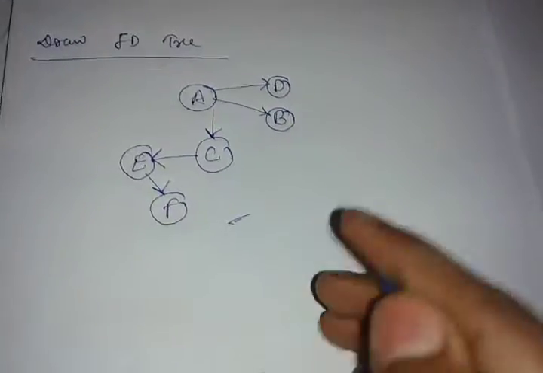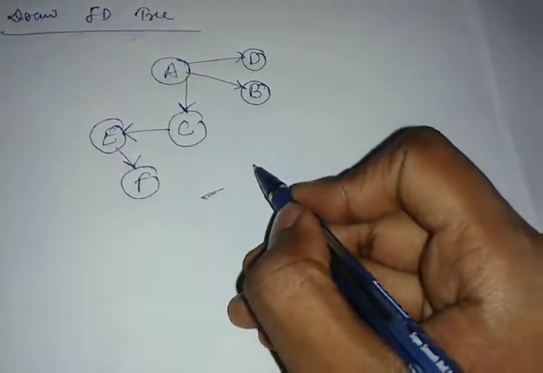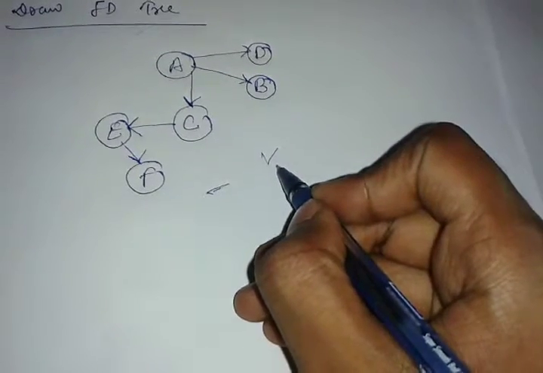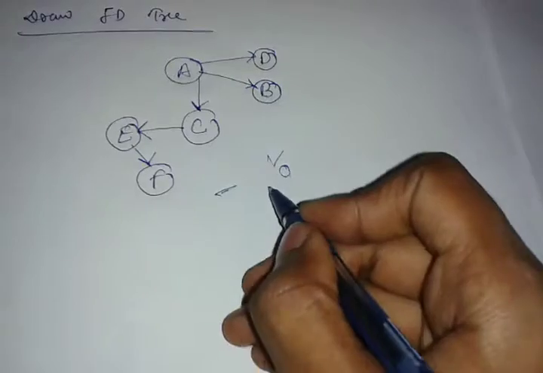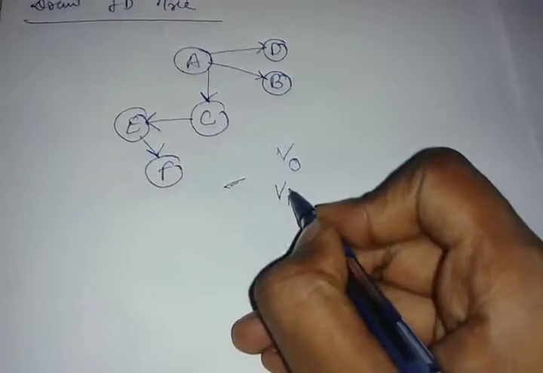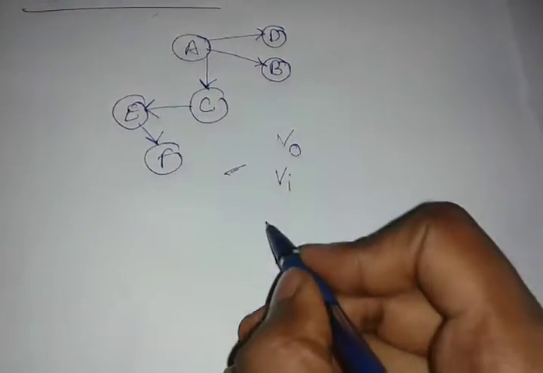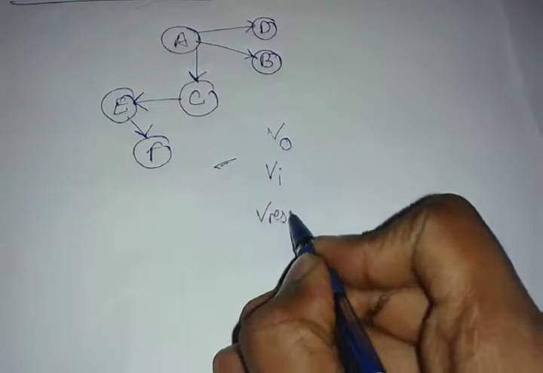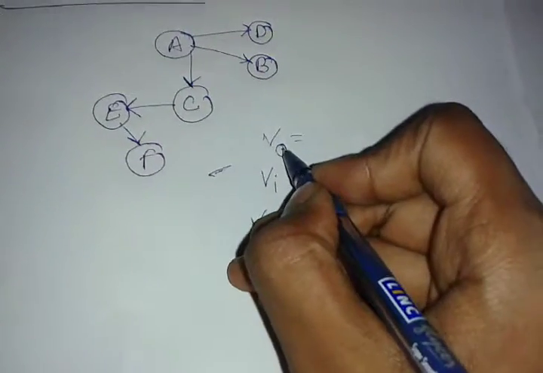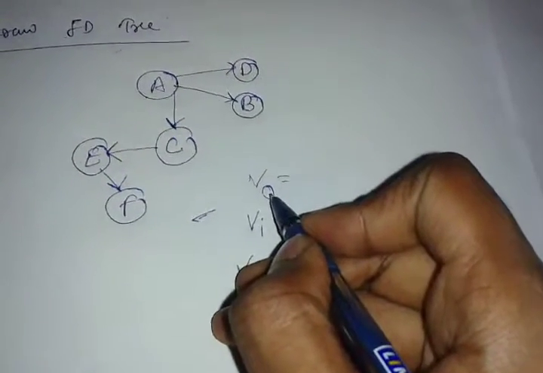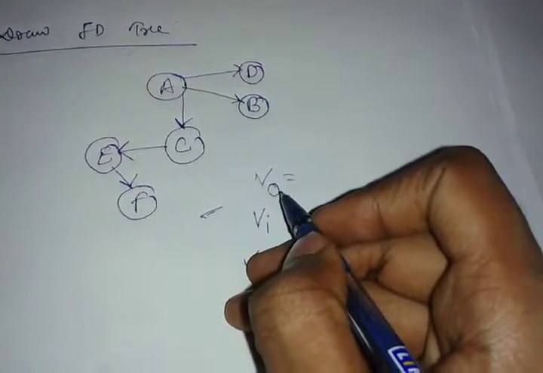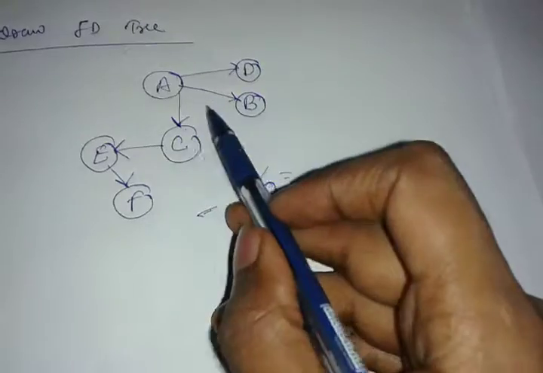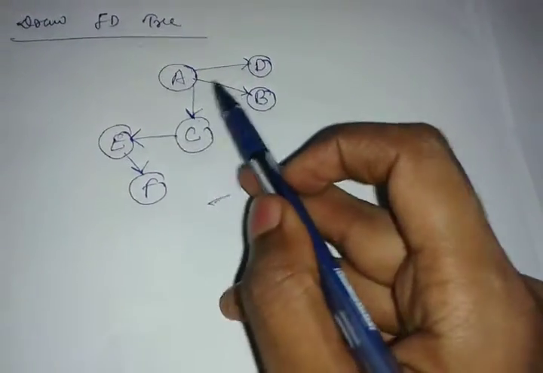So what I'm gonna do is decide the 3 vertex sets: vertex set which is going outside, vertex set which is coming inside, and vertex set rest. In the first vertex set we are gonna see all those vertices from where the arrow is going outside.